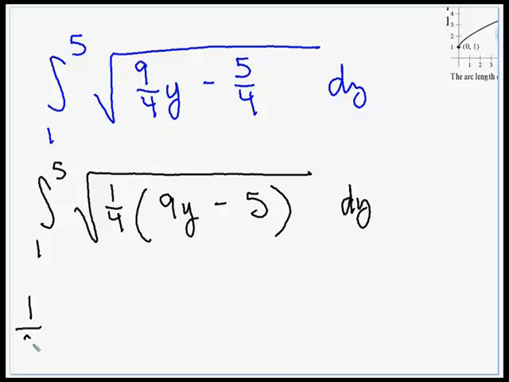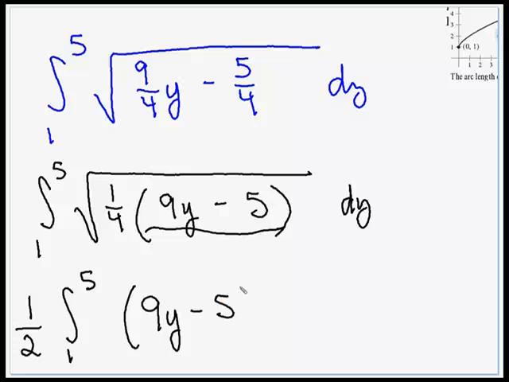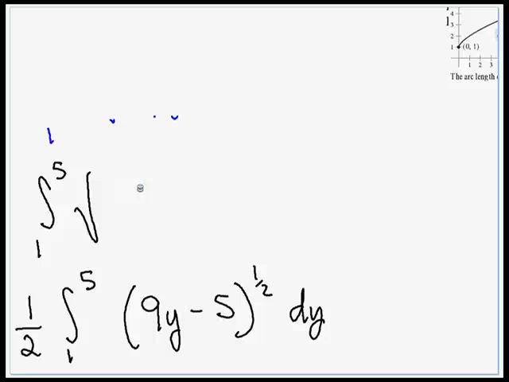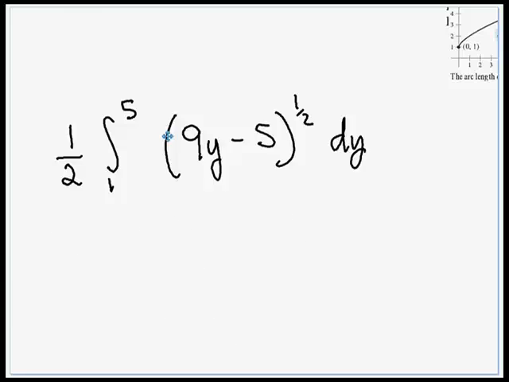So we can pull that half out in front of our integral sign from 1 to 5. And then we're going to have this quantity left under the radical, 9y minus 5 to the 1/2 power dy. It looks like we're getting close. We can integrate now, or we're pretty close. We are going to have to tweak it with a constant.